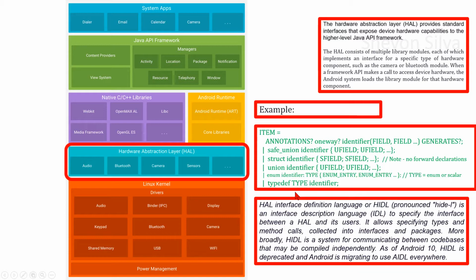It allows specifying types and method calls collected into interfaces and packages. More broadly, HIDL is a system for communicating between code bases that may be compiled independently.